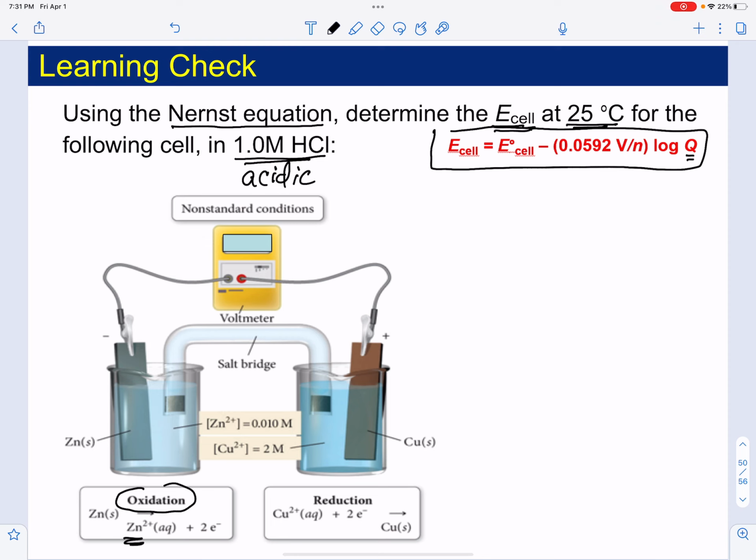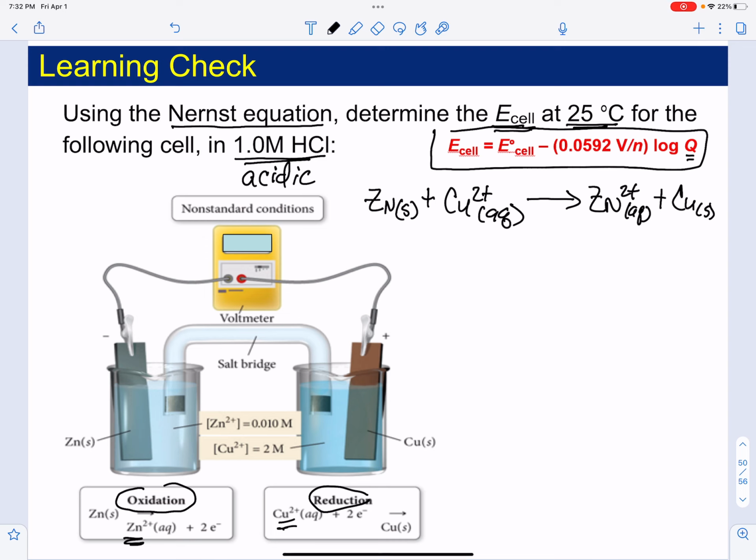The zinc is being oxidized, so we have zinc solid combining with copper 2 plus aqueous, which is being reduced, and that should produce zinc 2 plus aqueous plus copper solid.